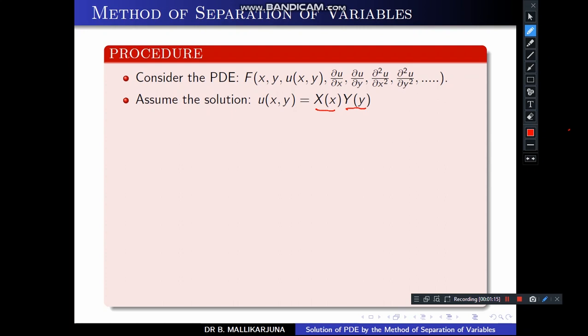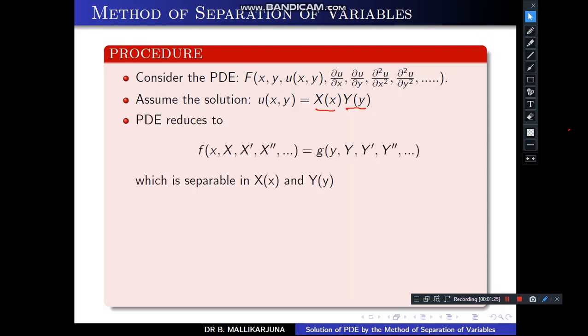Now, substituting this u in the partial derivatives wherever they appear in the partial differential equation, next we separate the corresponding variables capital X and capital Y and their partial derivatives, because capital X and capital Y are each in terms of a single independent variable, x and y, so the partial derivative notation becomes ordinary derivatives.